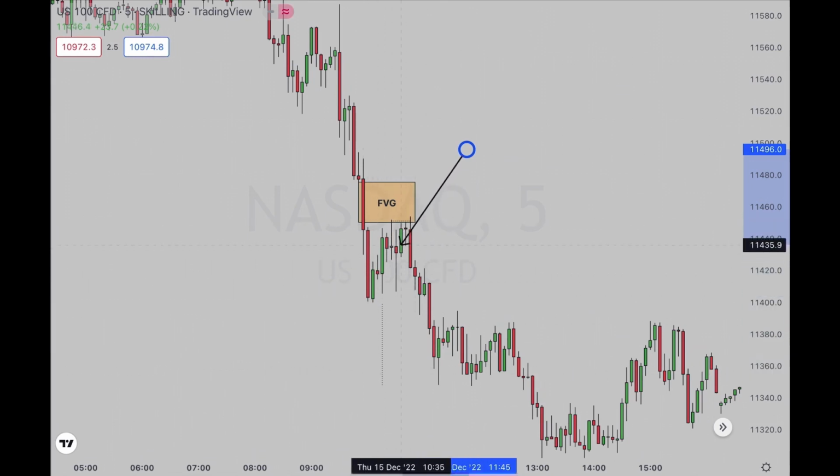The reason that you want to apply these ICT concepts is because you can actually predict where price will stop and start to continue the trend and put an end to the retracement. Okay.